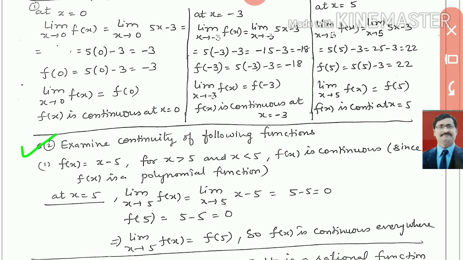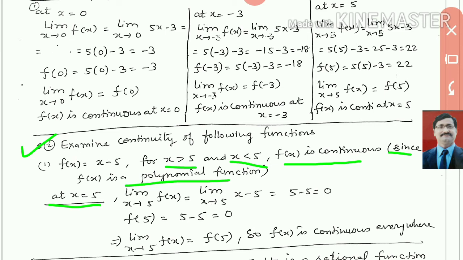Okay, now question number 2 is: examine the continuity of the following function. f(x) is given as x minus 5. For x greater than 5 or x less than 5, f(x) is continuous, since f(x) is a polynomial function, and a polynomial function is continuous, we know. Okay, so at x equal to 5 also we check the limit x tends to 5 of f(x).